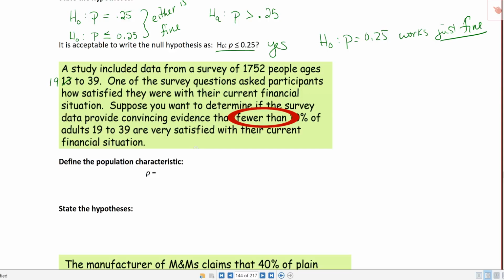So the population characteristic would be the proportion of adults ages 19 to 39 who are very satisfied with their current financial situation.